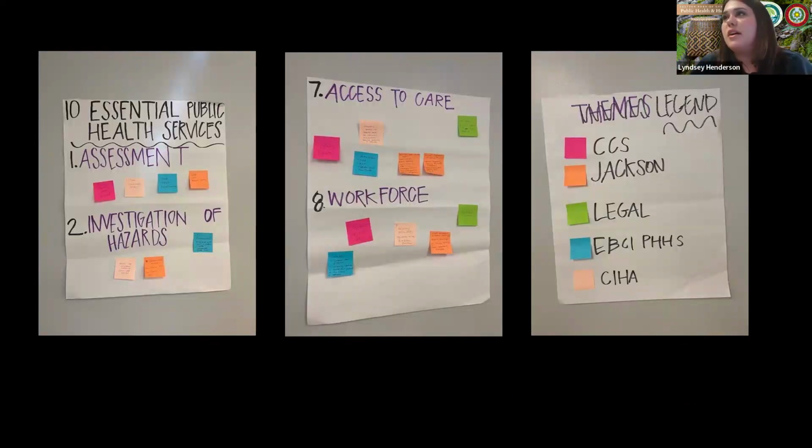Each agency is color-coded, and they wrote their activities related to assessment. In the colors, you'll be able to see who said what. It was very interactive for them to get up there and look at what others were doing and see how they were contributing to the essential public health services as well.